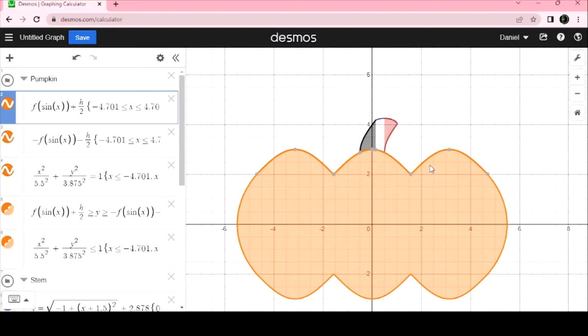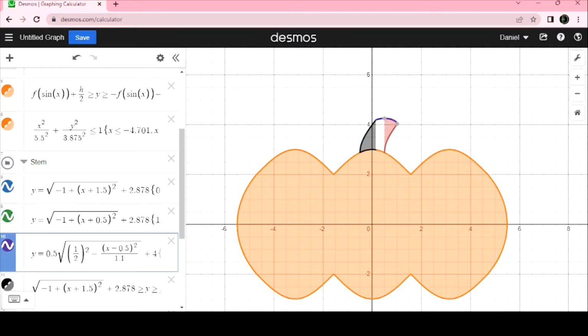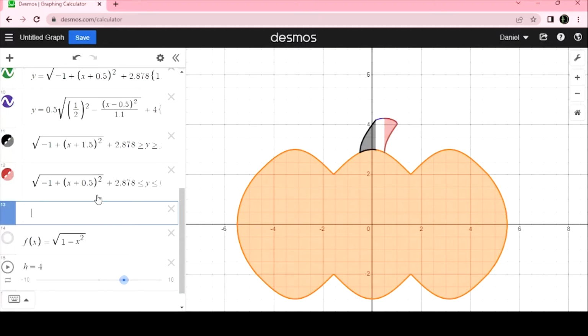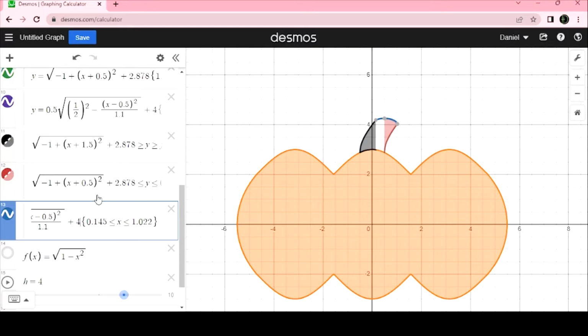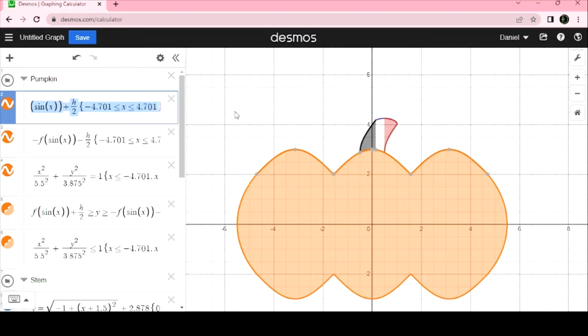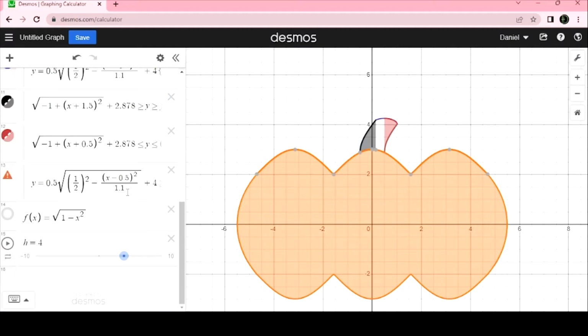All right, for the last line, we'll still need this one at the top here. And this would be encompassing that top orange line there. No, we don't need the inequality for that one. We just need the function for it.